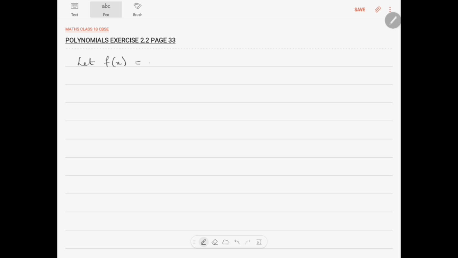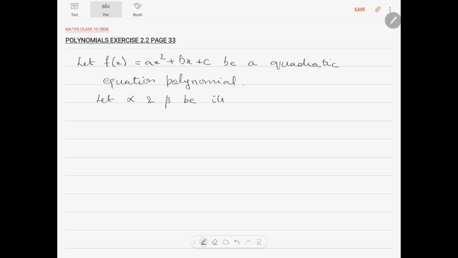Let f of x be ax square plus bx plus c, a quadratic polynomial. Let alpha and beta be its zeros.